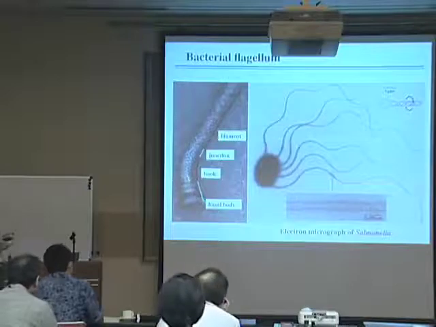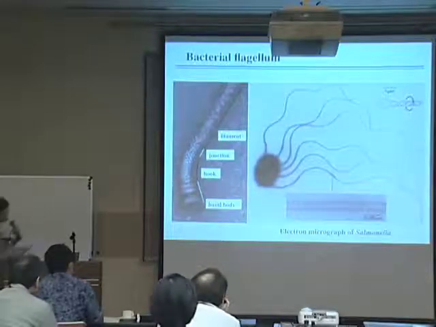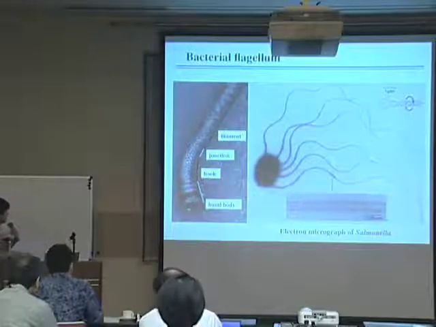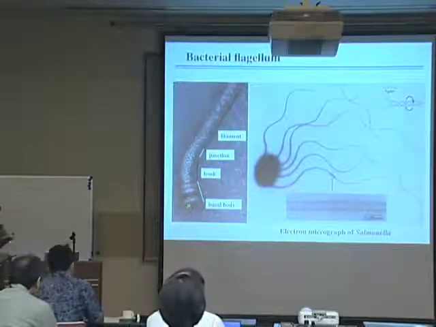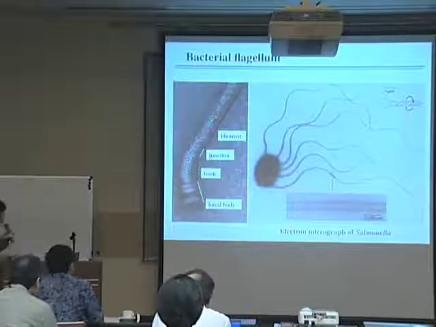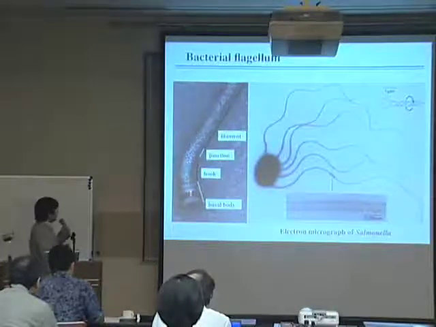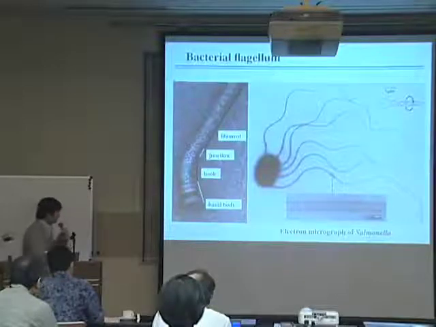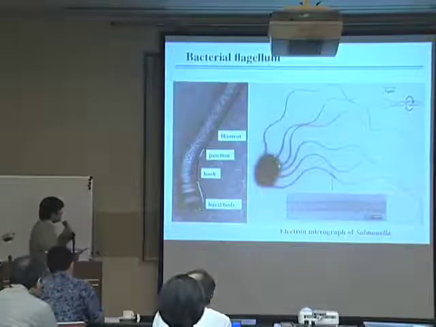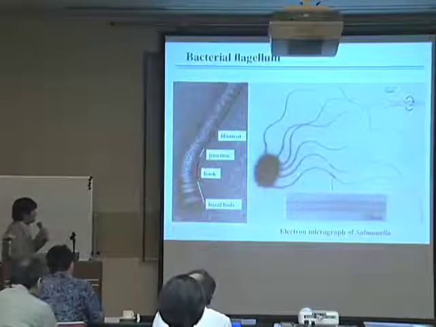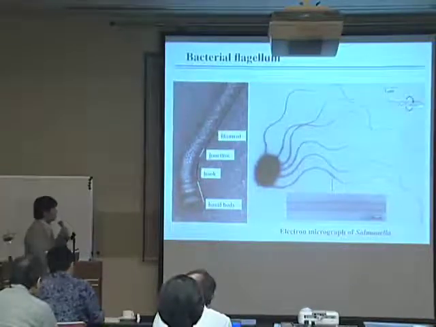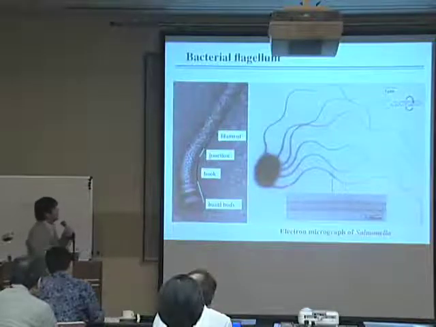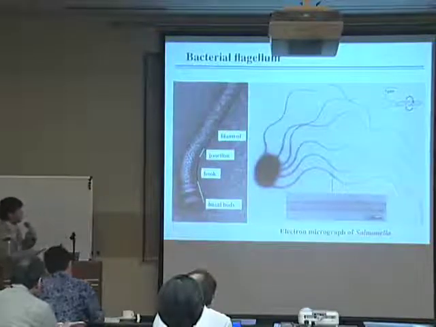Here is a magnified image of the detached bacterial flagellum. You can see some rings and the filament. These ring parts form the rotary motor. Each motor rotates, the bundle is formed, and it makes a big thrust power to propel the bacterial cell.